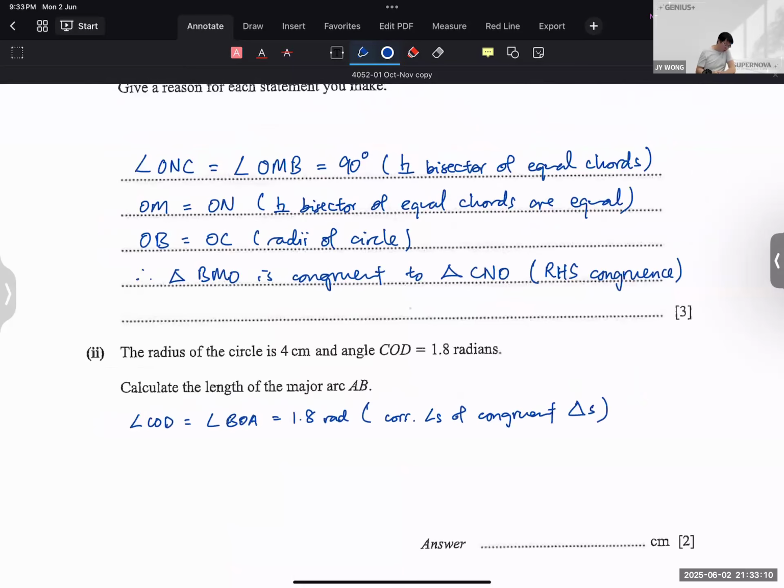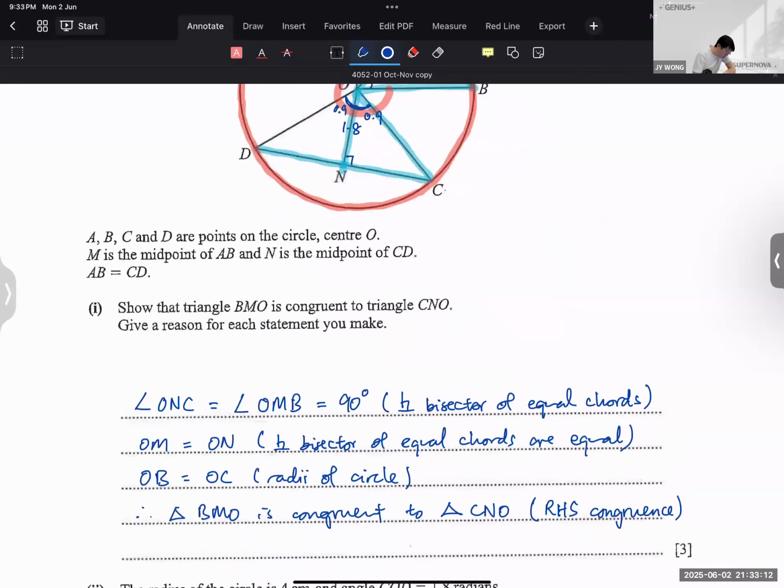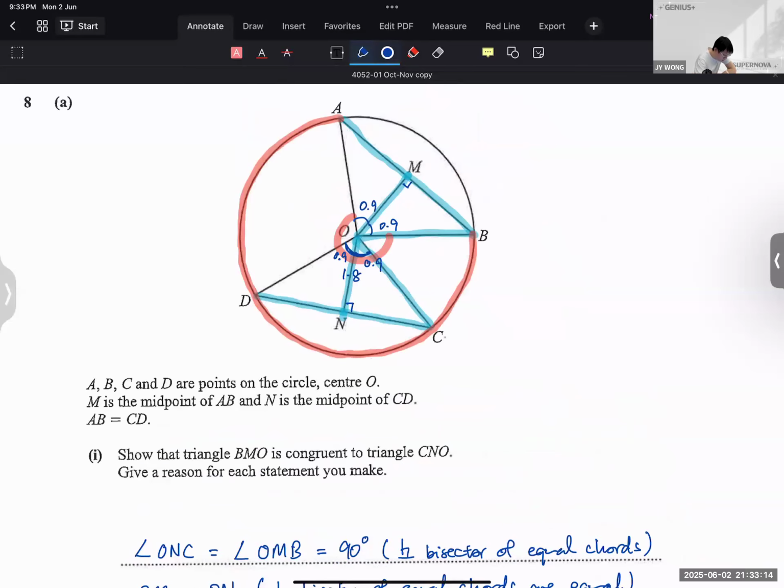Do you need to prove the congruence? No, you don't. You are not required to prove the congruence. You know that the radius is 4 given the question. And therefore, you can find the reflex angle AOB.